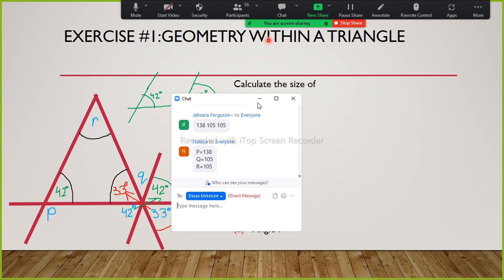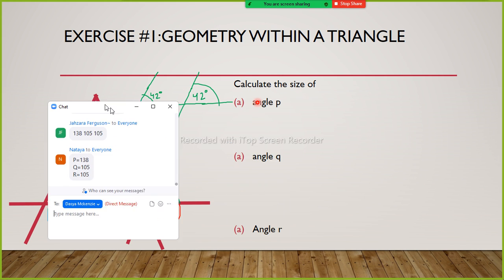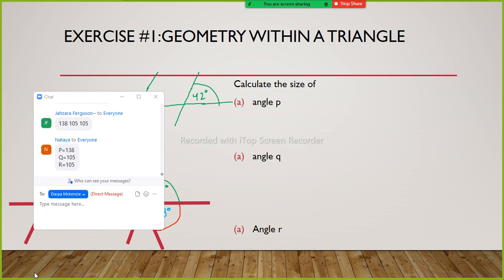Okay, so the answers are, for the first one, 38 degrees. The second one is 105 degrees. And the third and final one is 105 degrees as well.